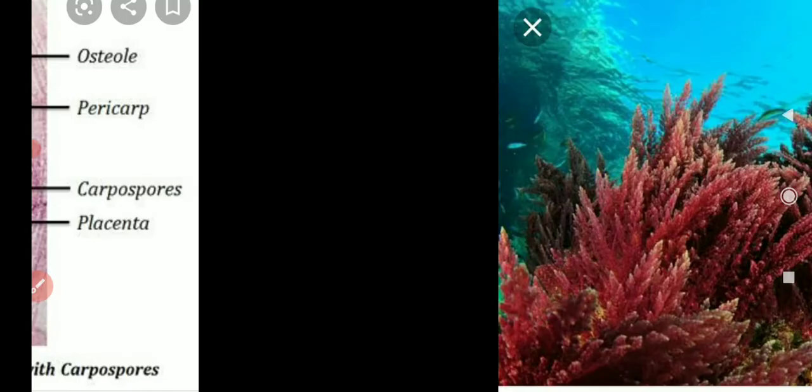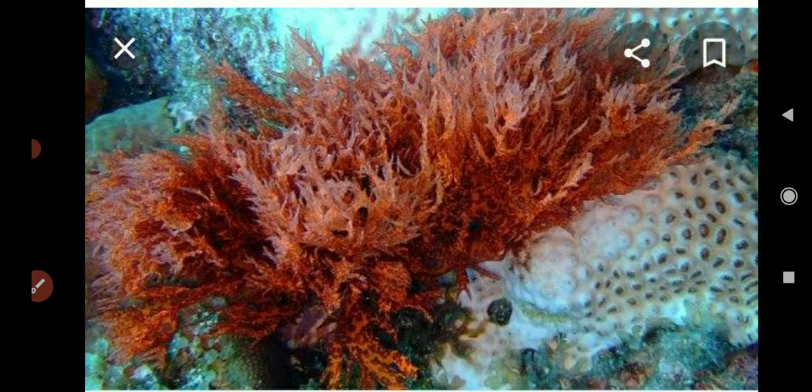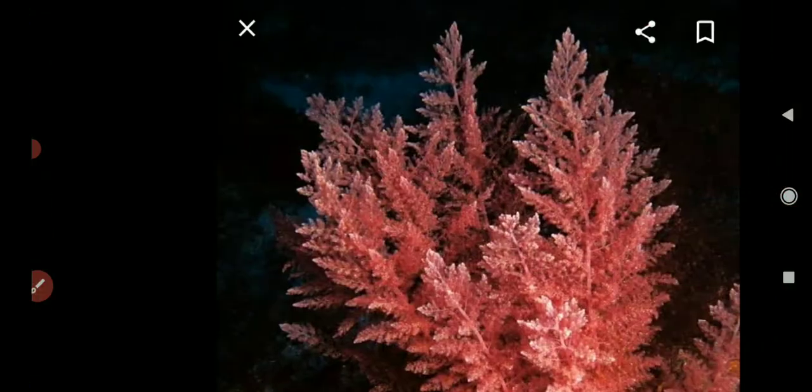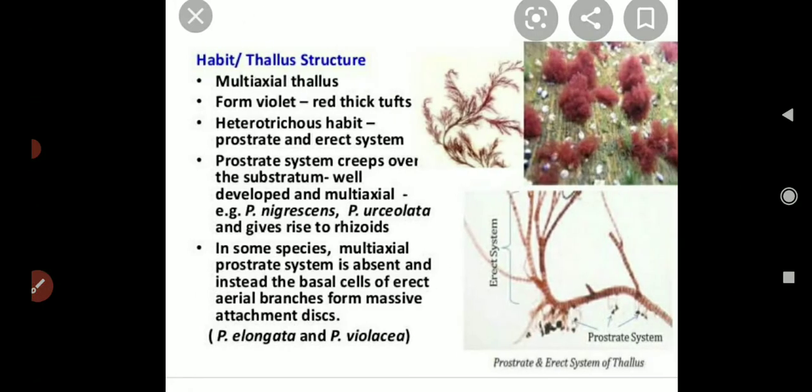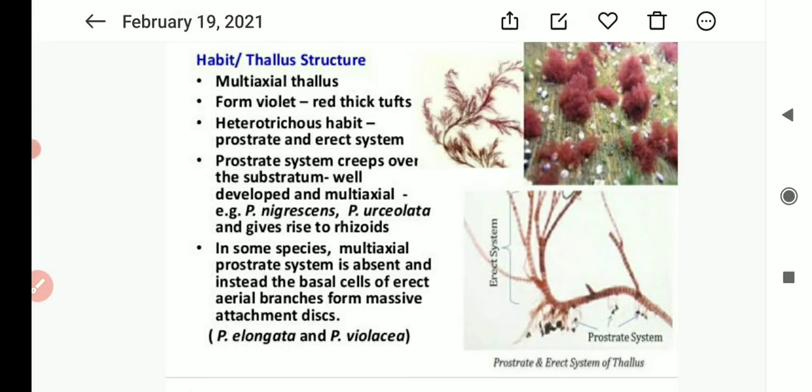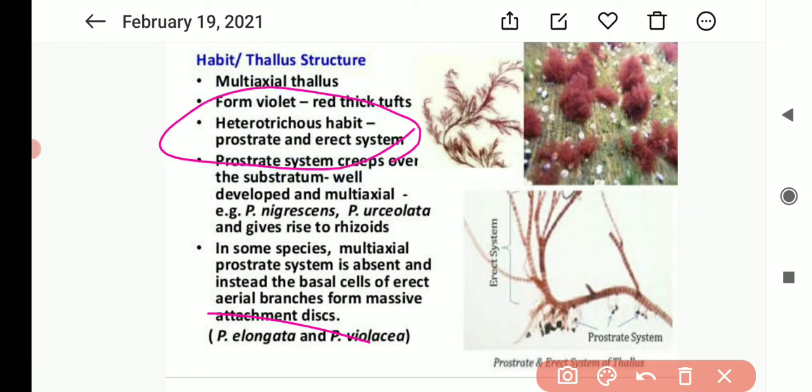And if we look at the habit, we will see that there is an erect system and a prostrate system. The word which will summarize erect and prostrate is over there, point number 3, can you see it? This word, heterotrichous.